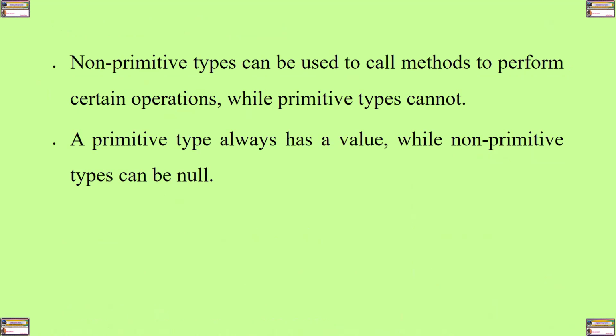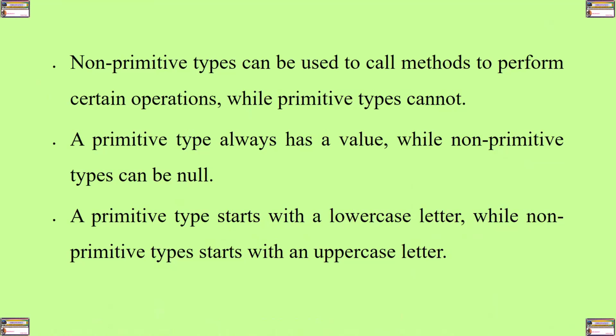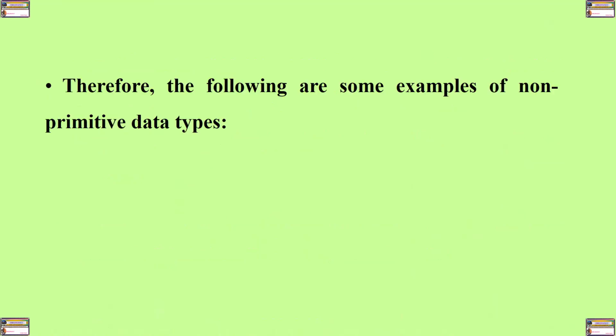A primitive type always has a value, while non-primitive types can be null. A primitive type starts with a lowercase letter, while non-primitive types start with an uppercase letter. So in other words, if you're going to define your own user-defined data types, their names must begin with uppercase. But for the predefined data types, their names must always begin with a lowercase.